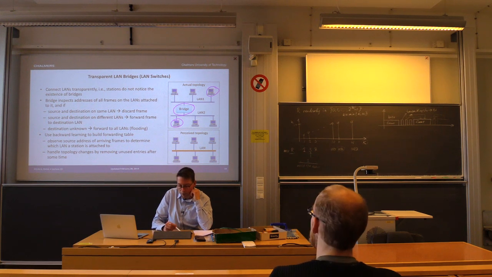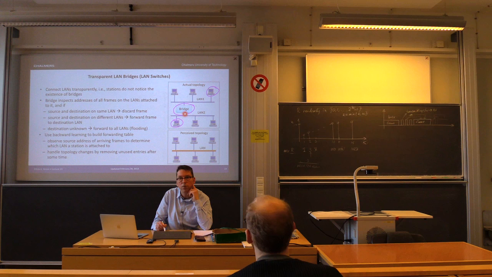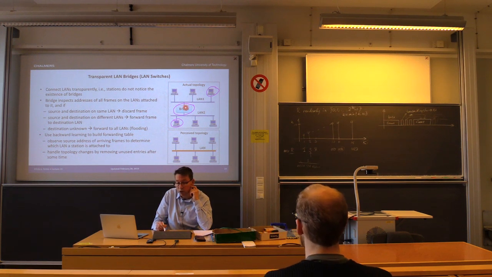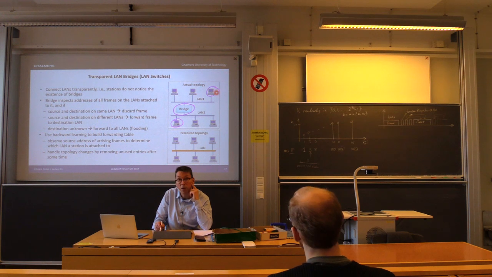Now, ideally, from a maintenance point of view or deployment point of view, when we plug in this bridge, we don't want to reconfigure the hosts for this, and we ideally don't want to configure this bridge at all. We just want to plug it in.